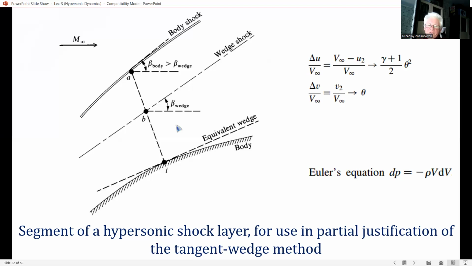And thus, we see that the wedge pressure Pb is a reasonable approximation for the surface pressure Pi, because in the real flow picture, the higher pressure behind the body shock is mitigated by the centrifugal effect, as the pressure is impressed from the shock to the body at point I. The same reasoning holds for the tangent cone method.